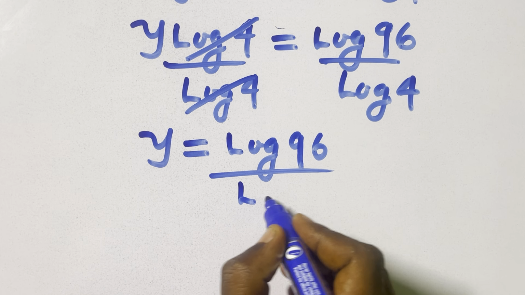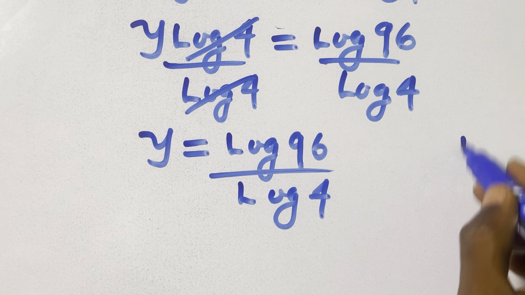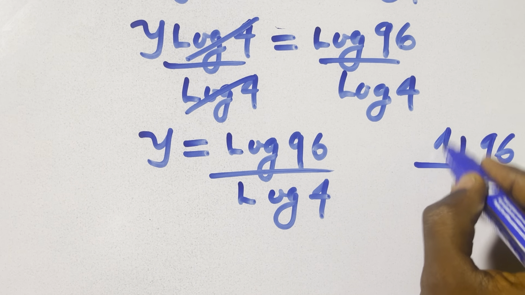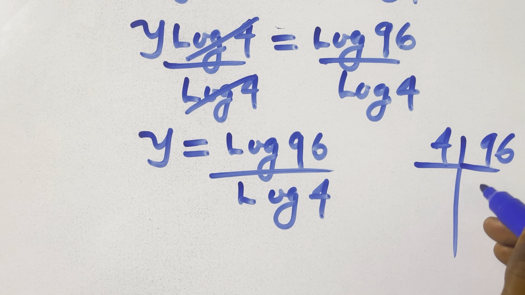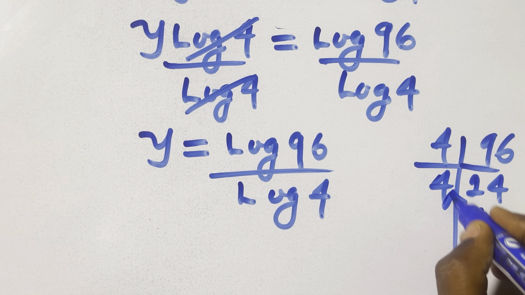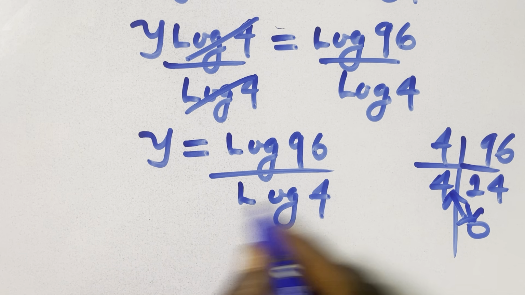divided by log 4. Alright, but let's do something here. Let's say we have 96. Let's divide by 4. 4 in 96 we have 24. Right? So 24 divided by 4 we have 6. So if you multiply this and this together, that will be the product of our 96 here.